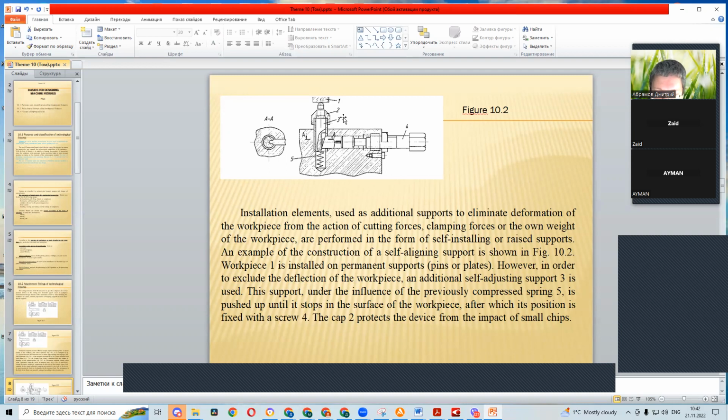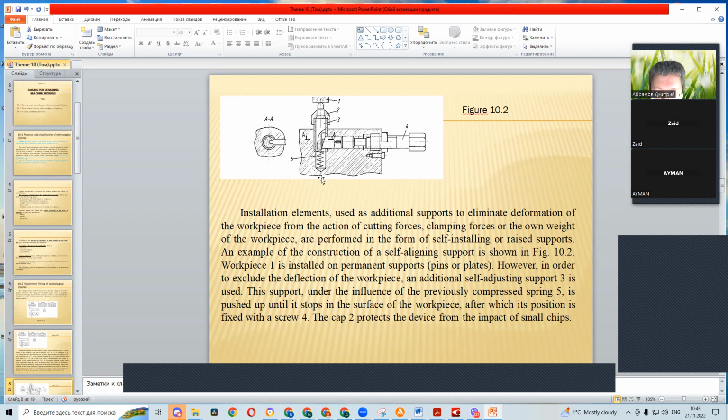This support, under the influence of previously compressed spring 5, is pushed up until it stops against the surface of the workpiece, after which its position is fixed with a screw 4.